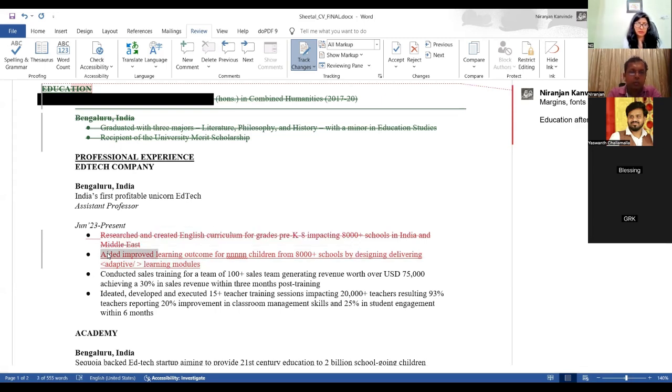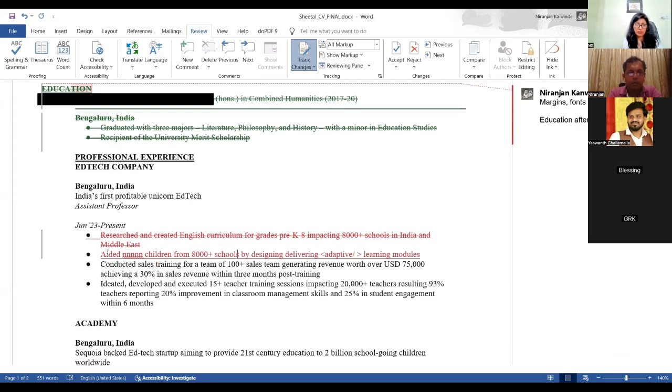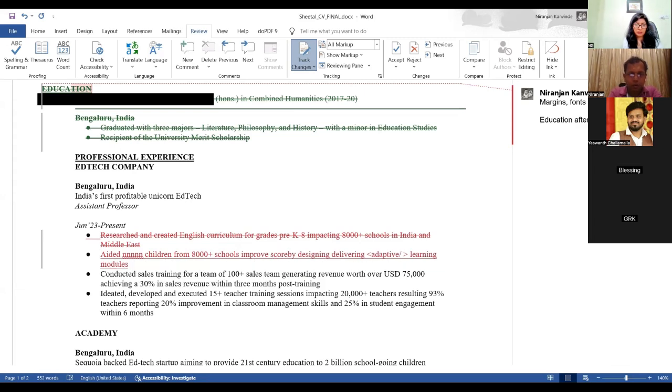So many children improved their scores, or you have any other metrics for learning outcome. So I'm just saying aided, so many children improved scores. Score or learning outcome. Yeah.